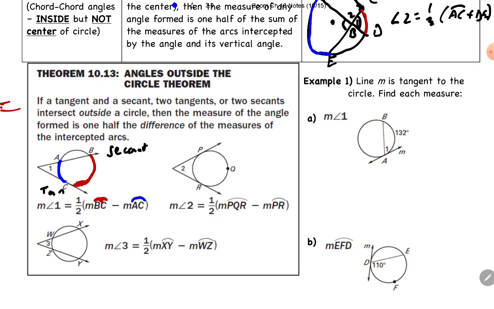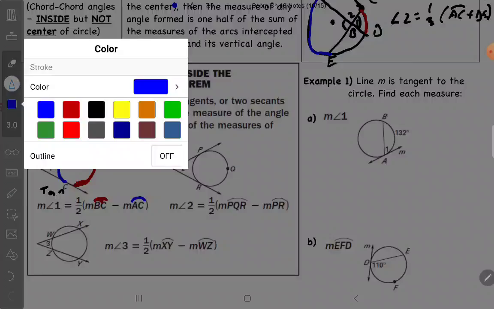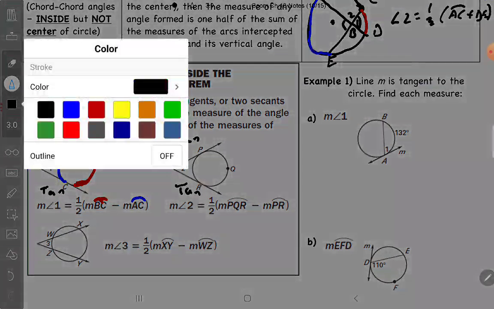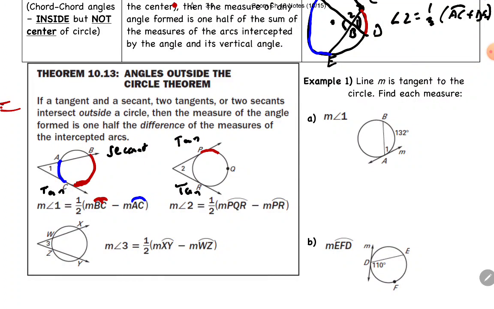Okay, if we have two tangents, then it's 1/2 of red minus blue.